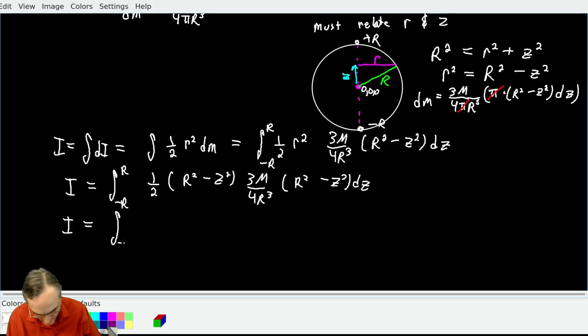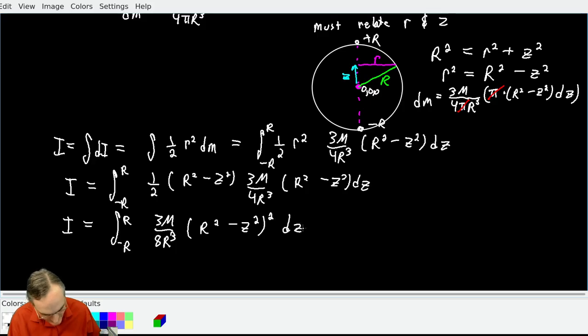Minus R to R. Let's take the constants together: 3m over 8R cubed. We'll take this stuff together, R squared minus z squared, squared, and dz.